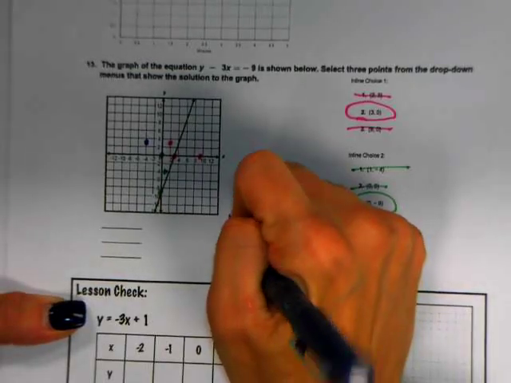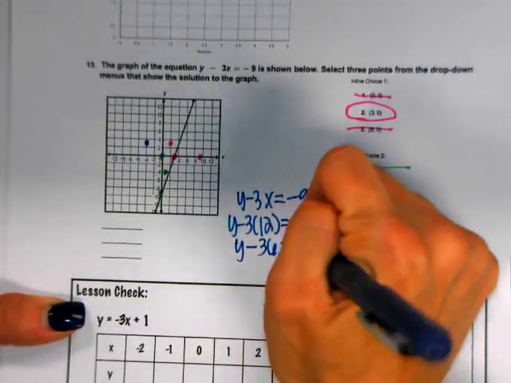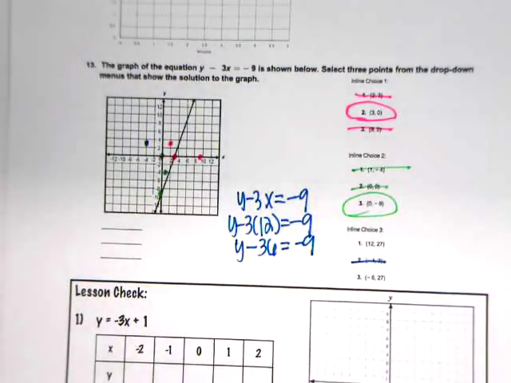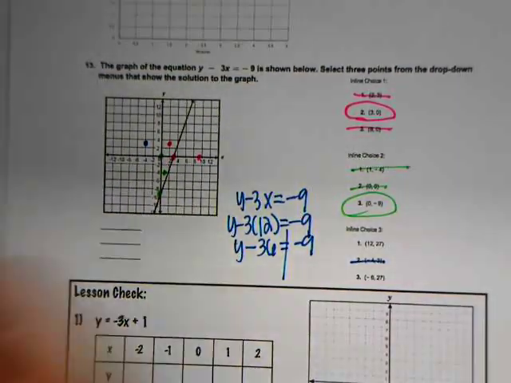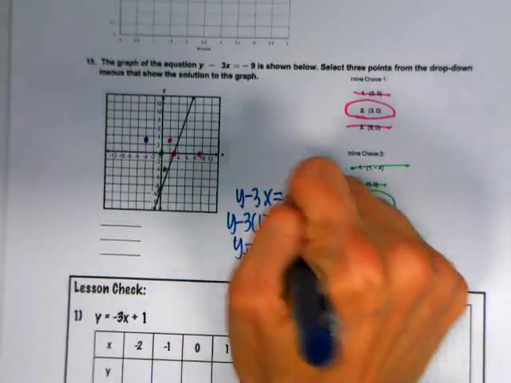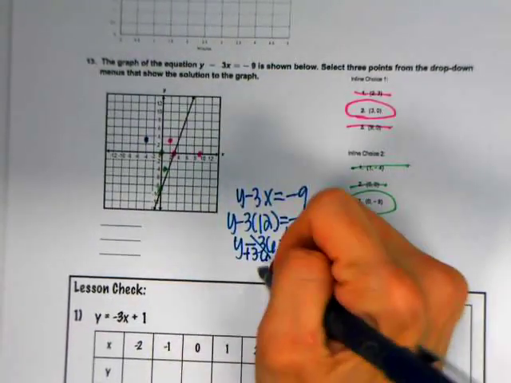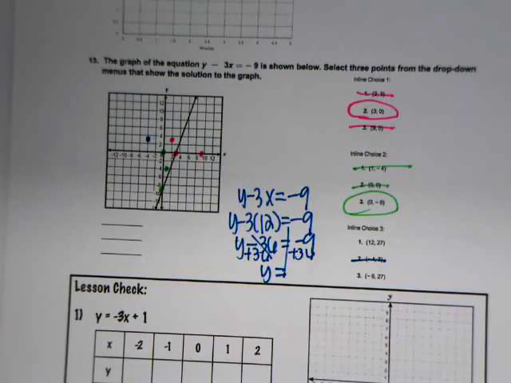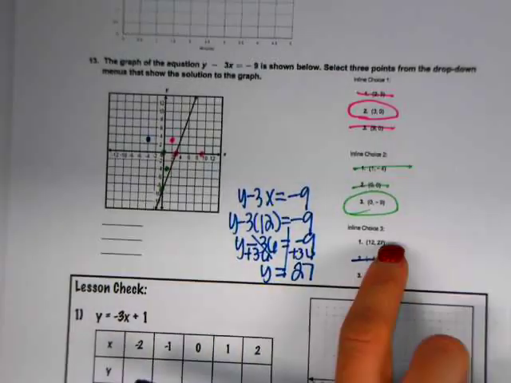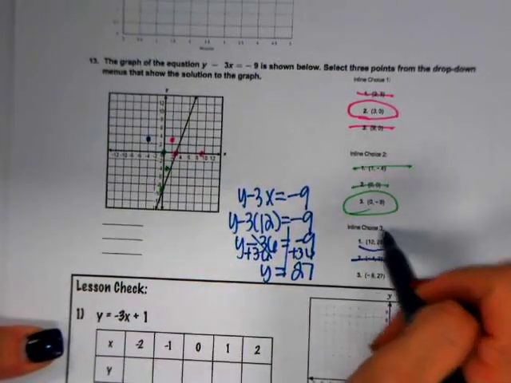So we have y minus 36 equals negative 9. And how would I solve that? Yeah. Y equals negative 9 plus 36. Which is what they got for y. So that one's going to be the right answer.